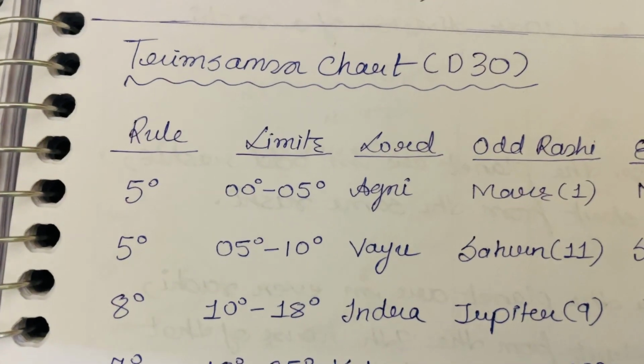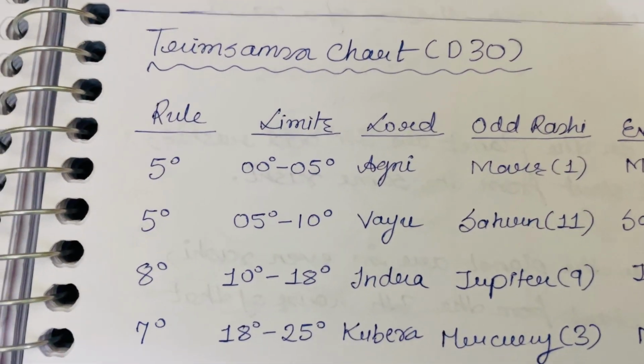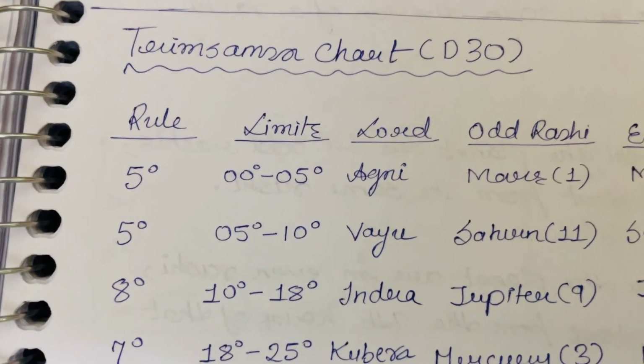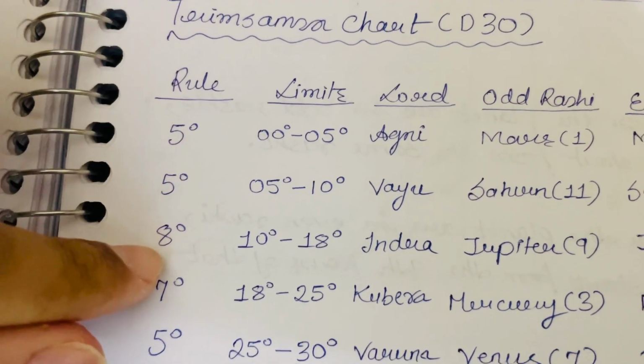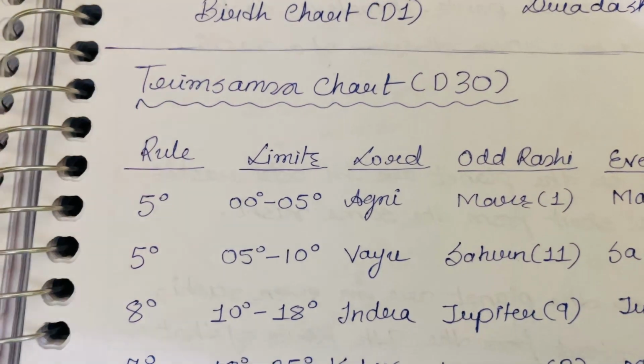It all depended on the range which you got when you divided 30 degrees by a particular number. Now here, all of these rules are indicative of the range that we will have in a limit.